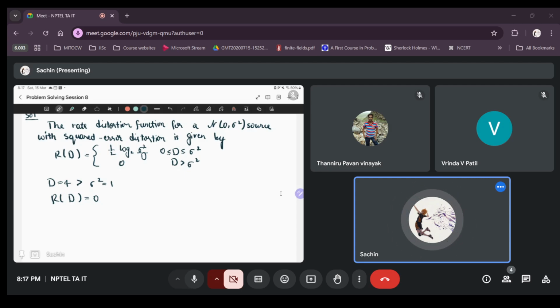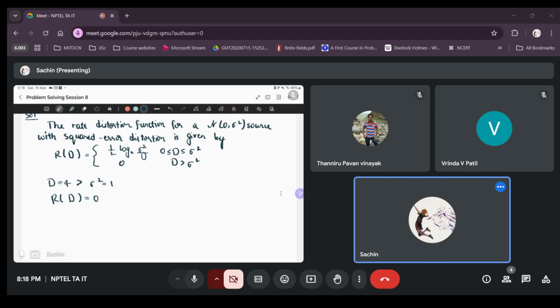If you increase the rate, the distortion will become less and less, and if you reduce the rate, the distortion will become more and more. So for a particular value of distortion, how much can you reduce the rate is what is known as the rate distortion function. But if the distortion that they allow you to have is very large, then you can reduce the rate as much as you want.